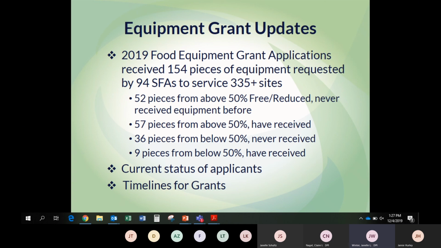If your school food authority has a capitalization threshold of $5,000 and you're requesting a piece of equipment that's $4,000, it will be knocked out of the process. We cannot award anything lower than your school's capitalization threshold. And USDA says that each unit piece of equipment must be over $1,000 as well.